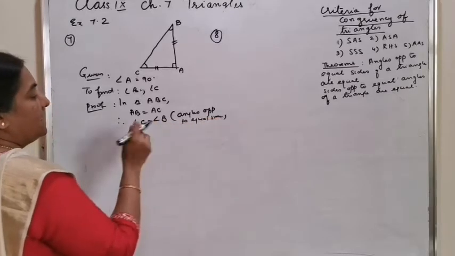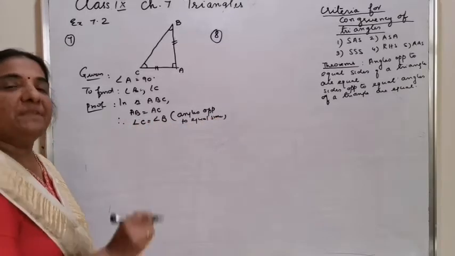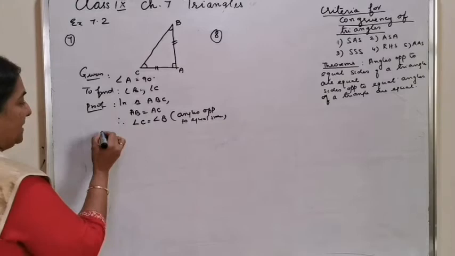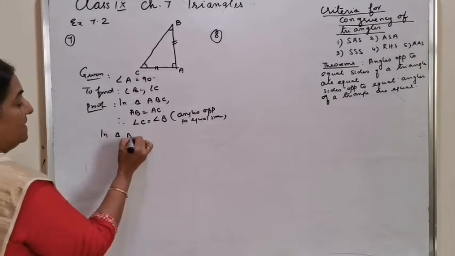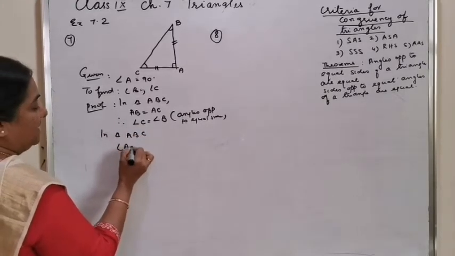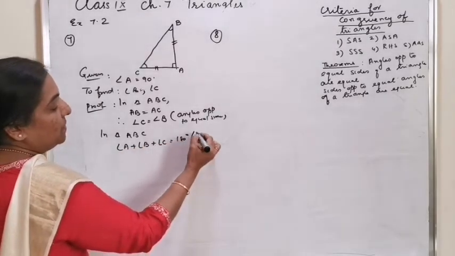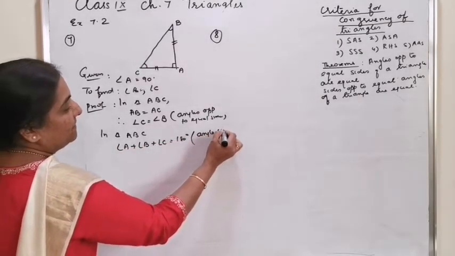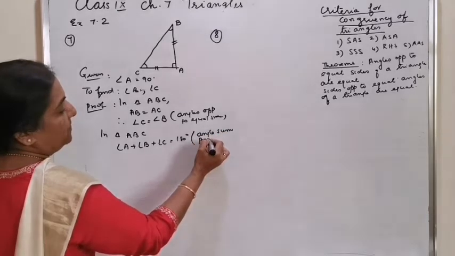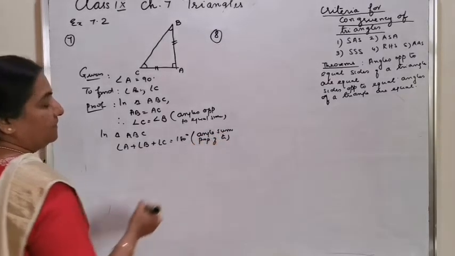Let's apply angle sum property. In triangle ABC, angle A plus angle B plus angle C is equal to 180 degree by angle sum property of triangle.